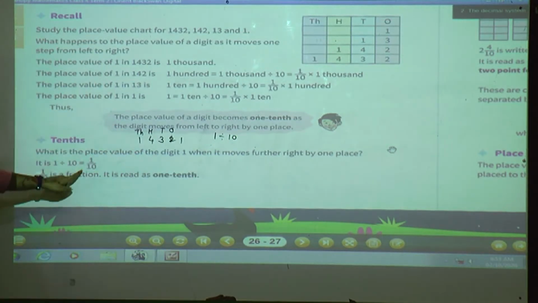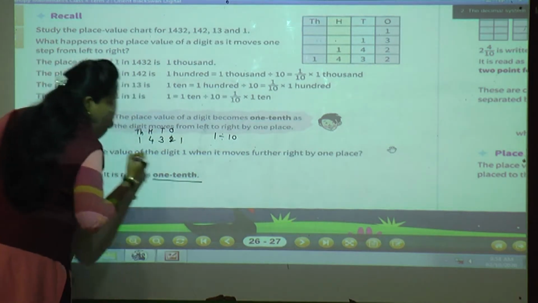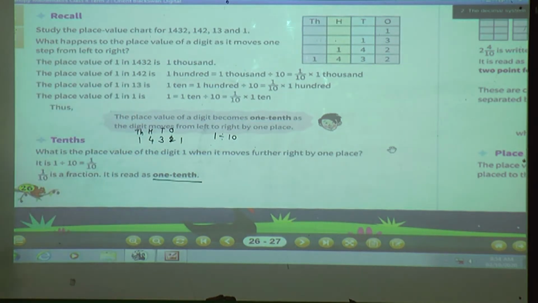So 1 divided by 10 means 1 upon 10, isn't it? So 1 upon 10 is a fraction. You know, we write the fraction 1 upon 10 in this way, and it is read as 1/10. Are you getting what is meant by 1/10?